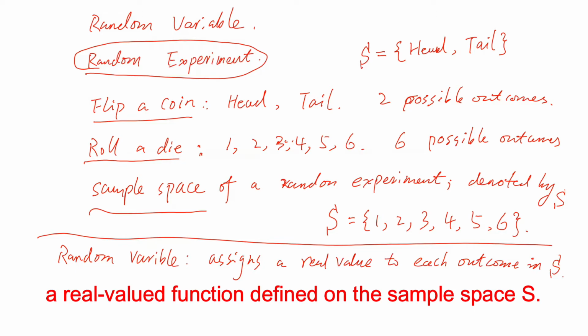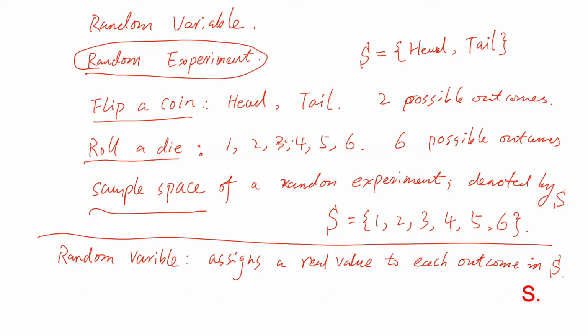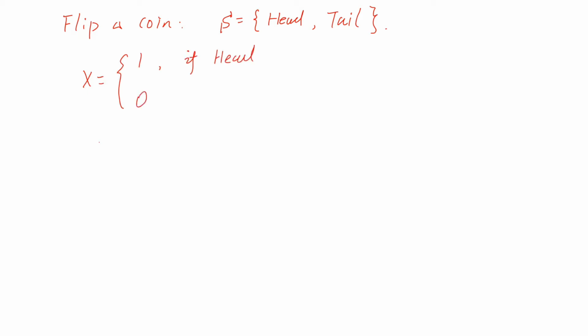Okay, so now let's give an example here. Flip a coin. We know that the sample space is a set consisting of head or tail. Okay, so this is our sample space. Then if we let X equal 1 if we got a head, or 0 if we got a tail.